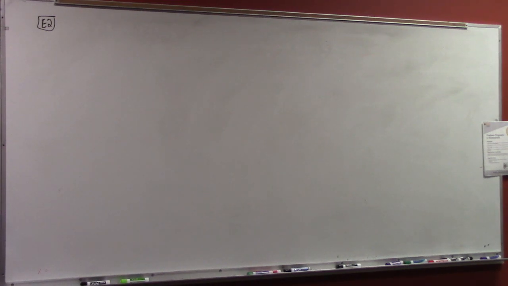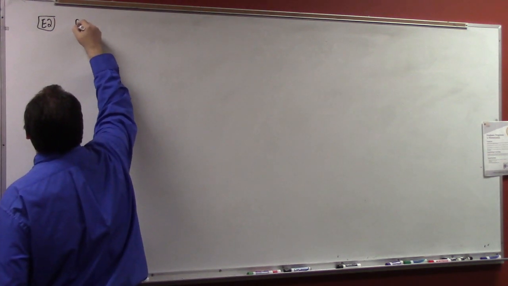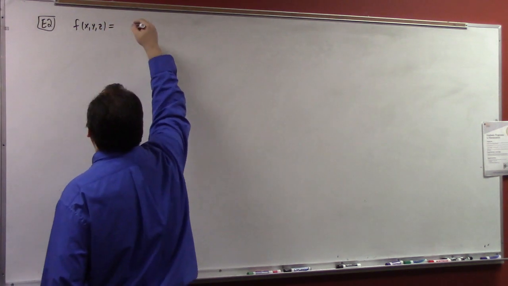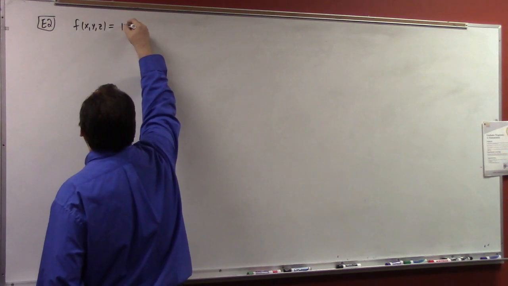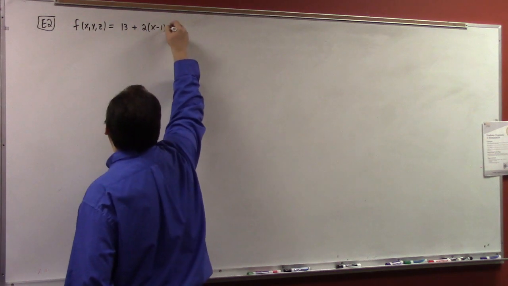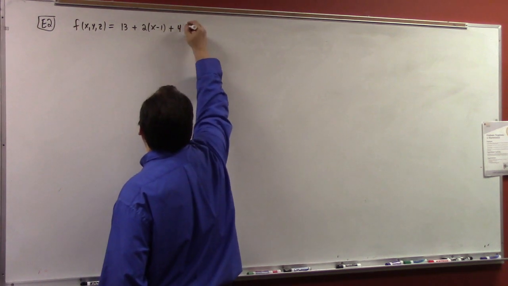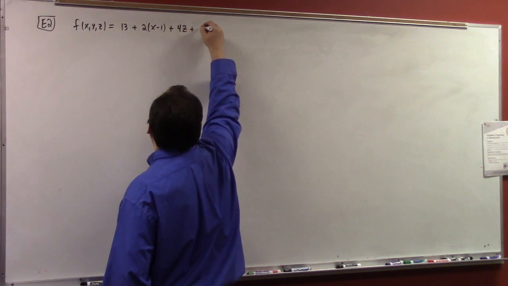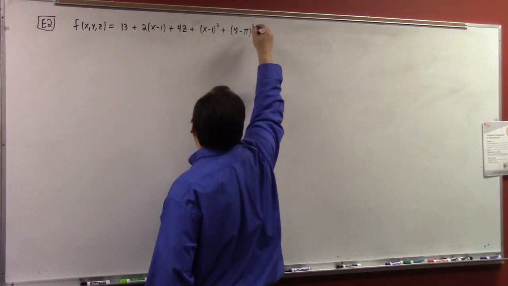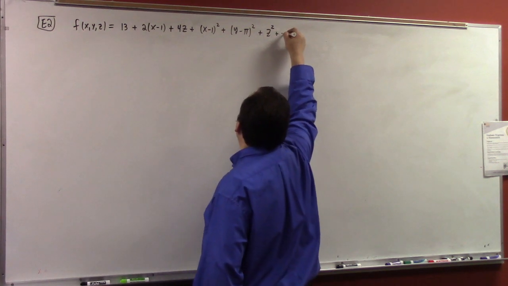So let's see here. How about this? We'll look at f of x, y, z equal to 13 plus 2 times (x minus 1) plus 4 times z, plus (x minus 1) squared plus (y minus pi) squared plus z squared, plus dot, dot, dot.